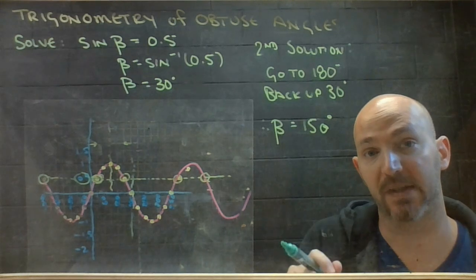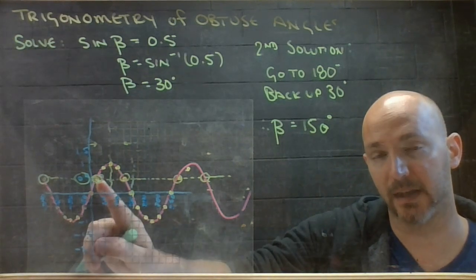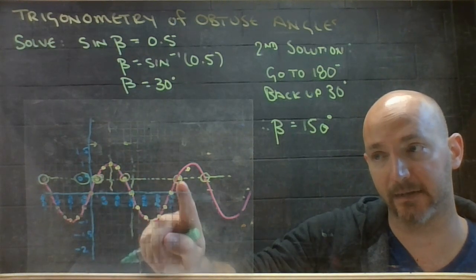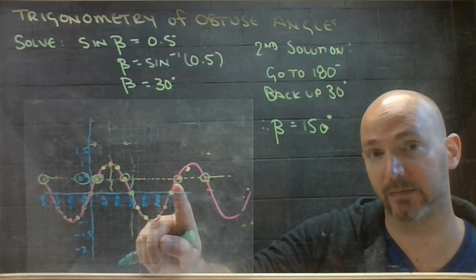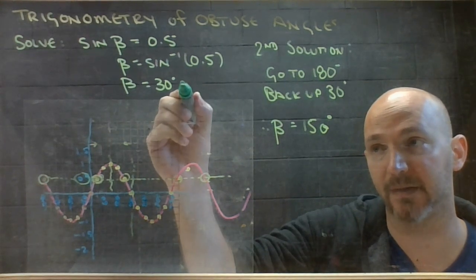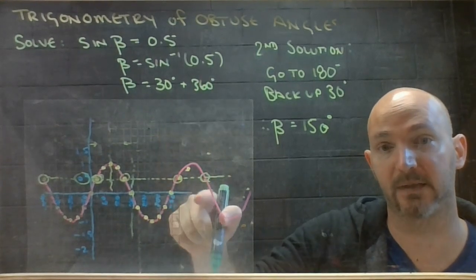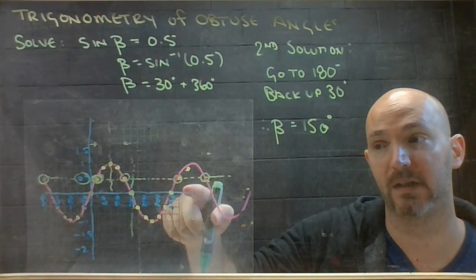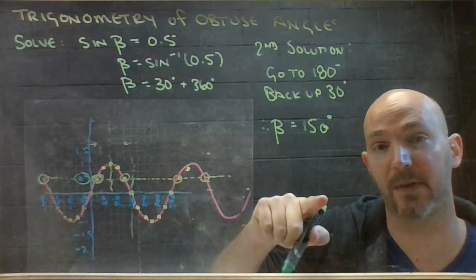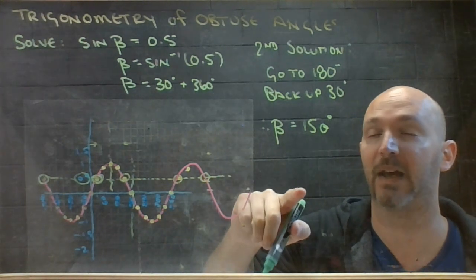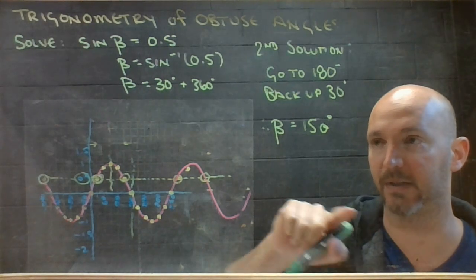Now to finish this off, this solution happens again after a full cycle. So it happens 360 degrees later. Again, it repeats itself. And then it repeats itself another 360 degrees. And then another 360 degrees.